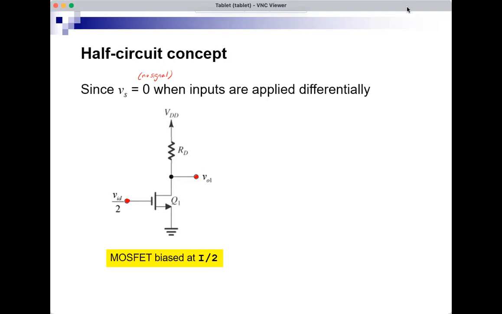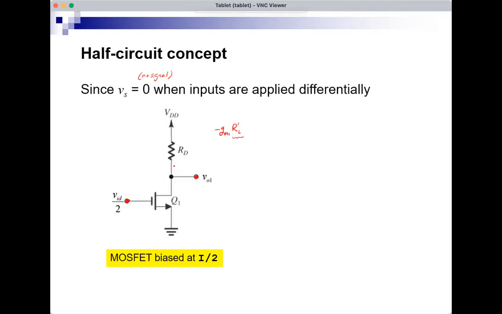So now I can apply the formulas of common source. I know for common source that, for example, the gain is minus gm R prime L. This is a well-known formula for common source. The gain is minus gm, in this case gm1, R prime L. R prime L is really not one resistor.